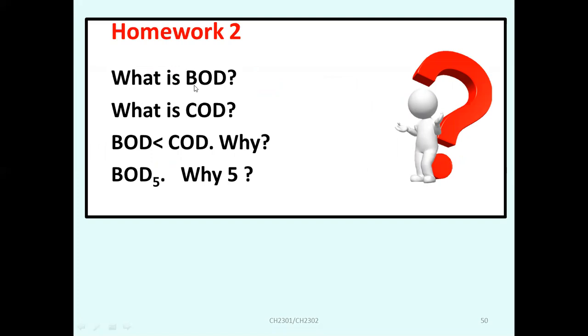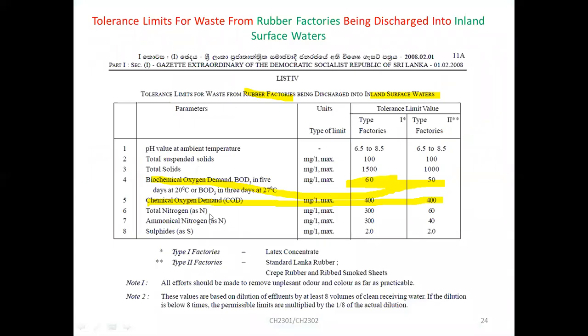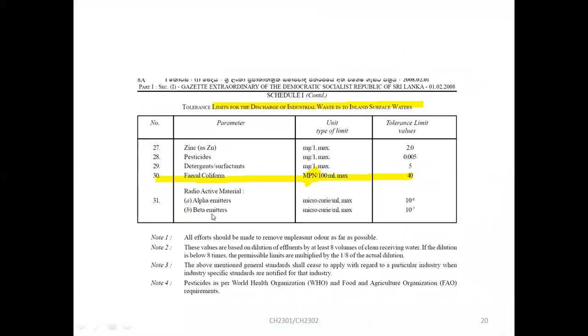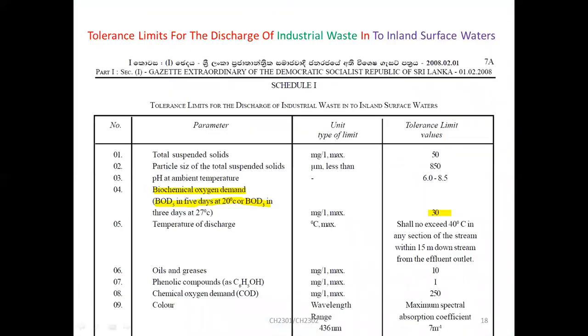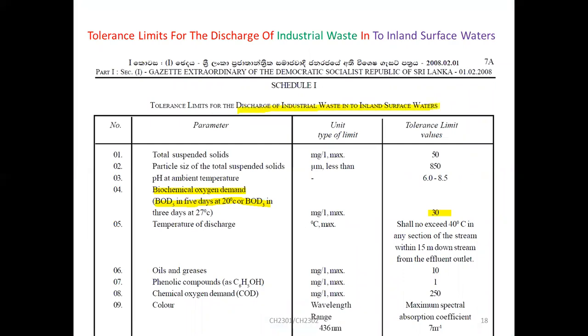Now you know what BOD is and what COD is, but the BOD value is lesser than the COD. Even in the tolerance limits you can check. Let's go to the tolerance limits again. These are the tolerance limits for discharge of industrial waste into surface water, schedule 1. Here the BOD value is 30, chemical oxygen demand is 250.